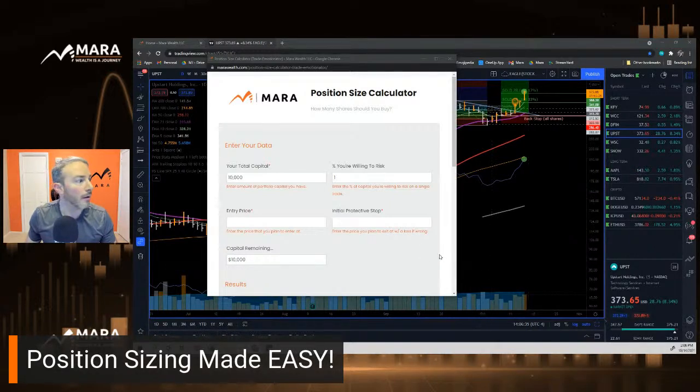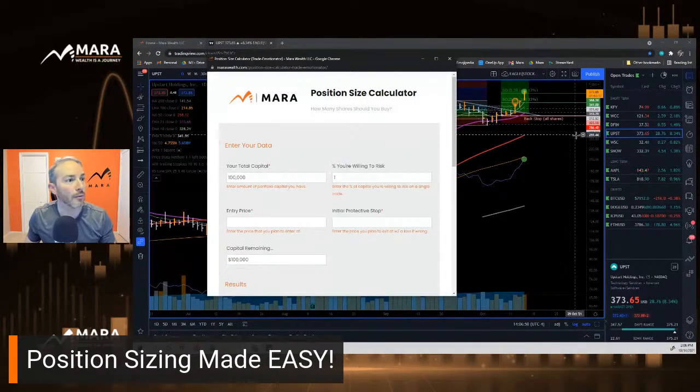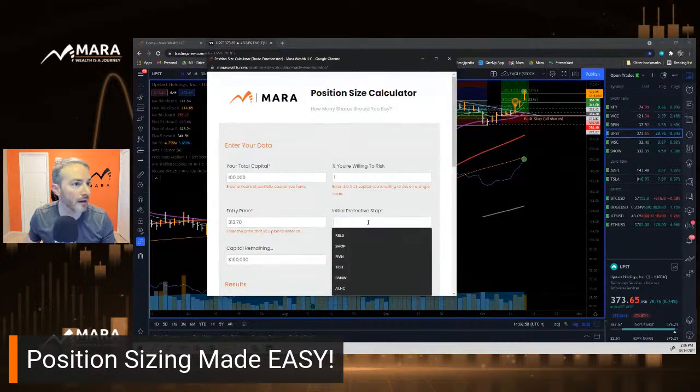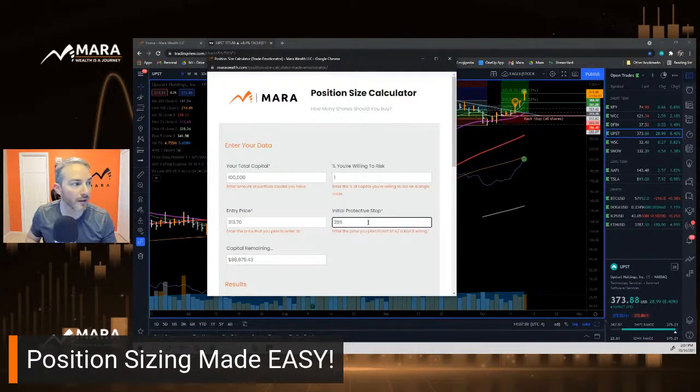With this example here, actually, let's bump it up to 100,000 and make it a little bit easier to divide into. So let's say you're looking at Upstart and we were going to enter at 313.70 where I got in, and my initial stop loss on this was 286.40.